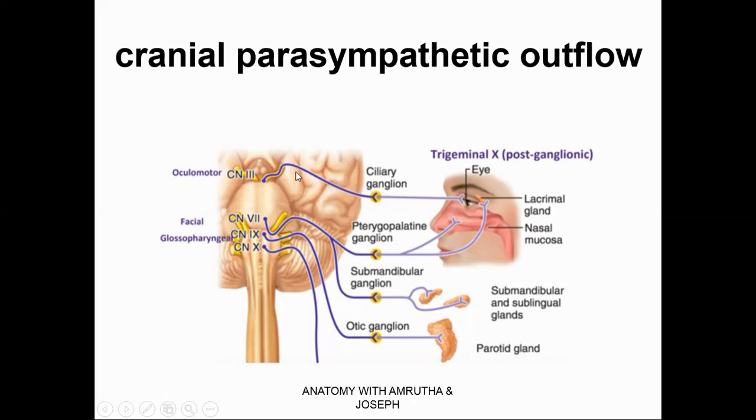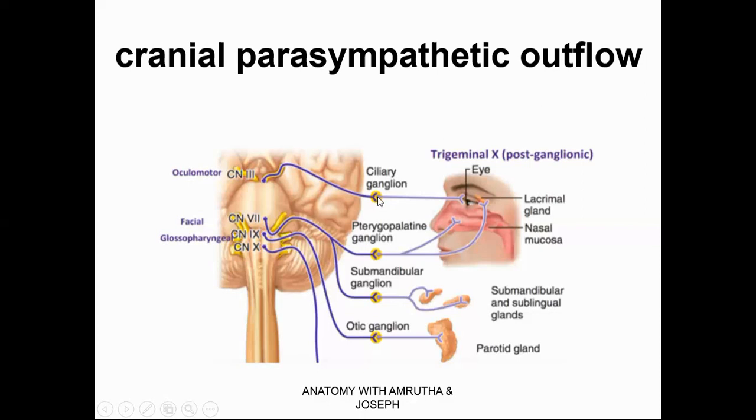The preganglionic neurons, which are located in the brainstem, sense the process, and these are preganglionic fibers. They have to travel a lot to reach the ganglion, because the ganglion is present near the organ. So with the help of the cranial nerves, they reach near the ganglion. There they synapse.